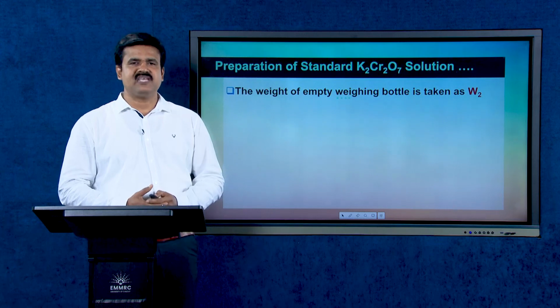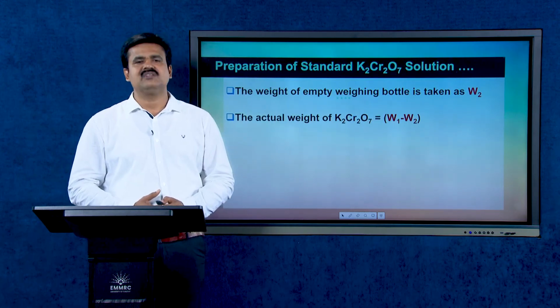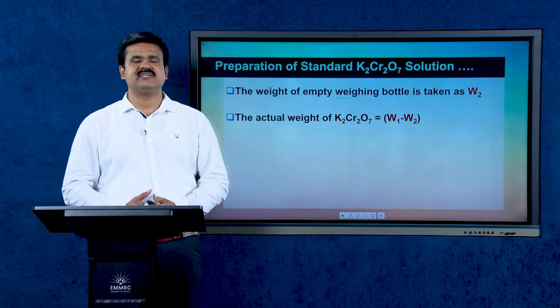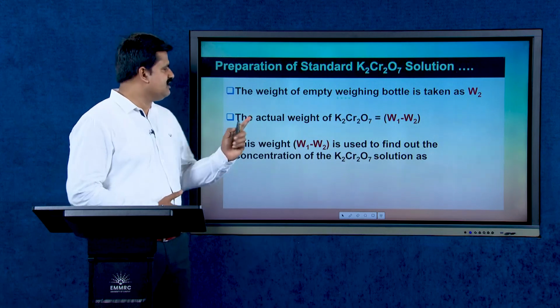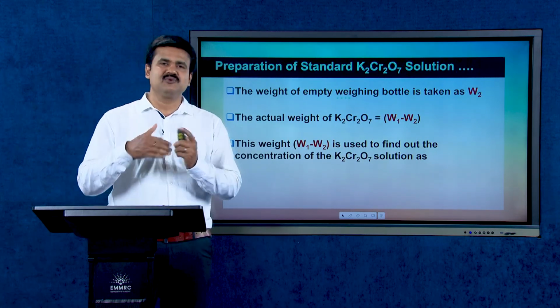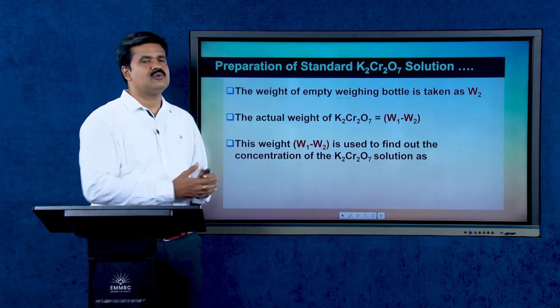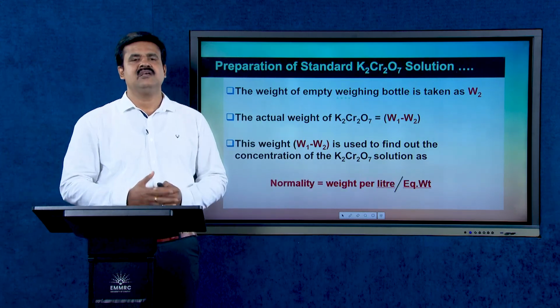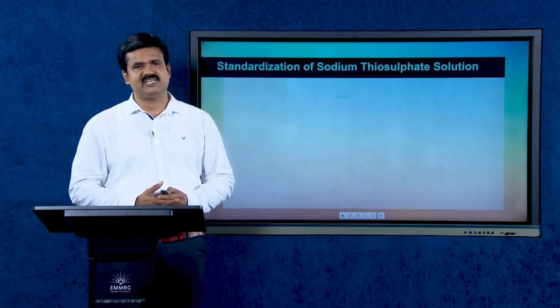The weight of the empty bottle is now taken as W2. So, the actual weight of potassium dichromate taken will be equal to W1 minus W2. The weight W1 minus W2 is used to find out the concentration of the K2Cr2O7 solution as normality equals weight per liter divided by equivalent weight.